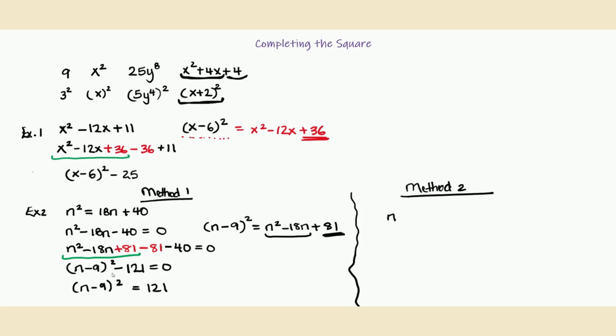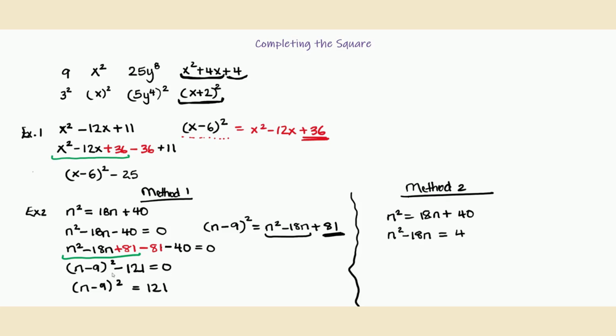We're going to take n squared equals 18n plus 40. And we'll follow the same second step of bringing everything on one side except the 40. So we'll take n squared. The 18n that is positive on the right will be negative on the left.